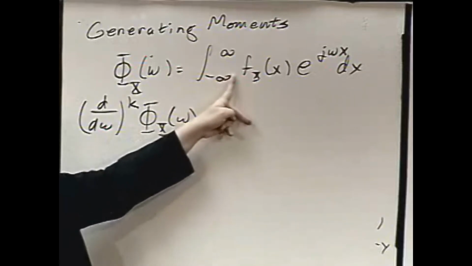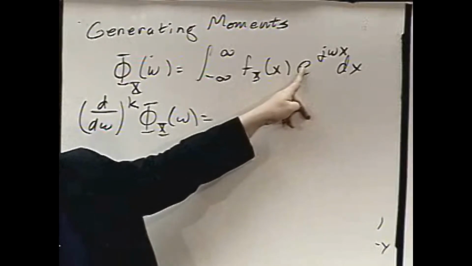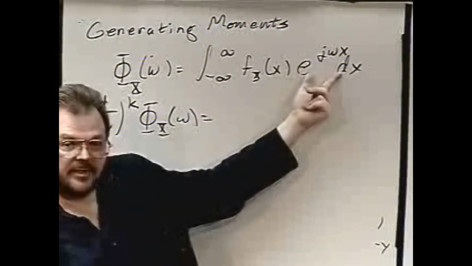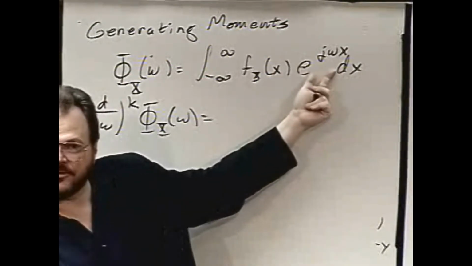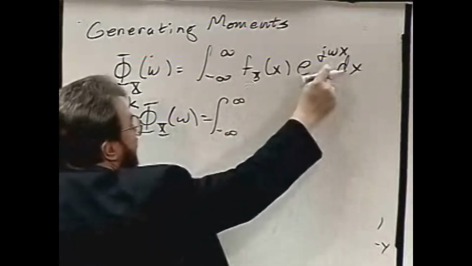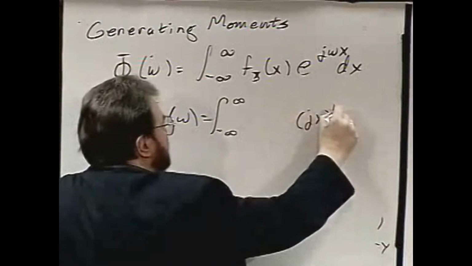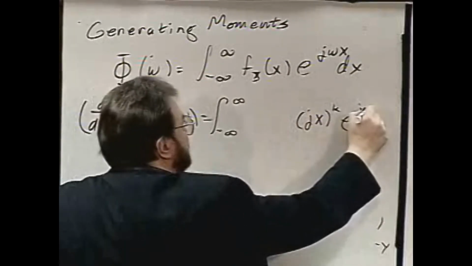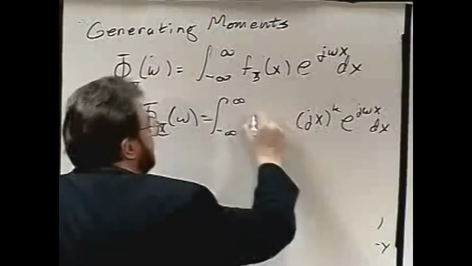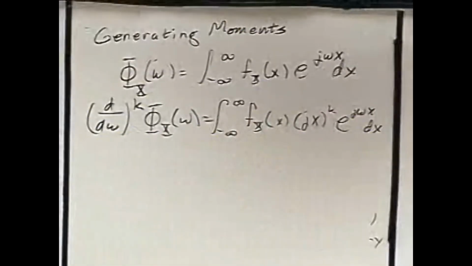Can I take that derivative past here? Yeah, because it's not a function of omega, is it? So the only thing that really is differentiated is this e to the j omega x. And what happens there? Well, this e to the j omega x brings down a jx k times. Which is kind of interesting, right? Brings it down k times if we differentiate it k times.